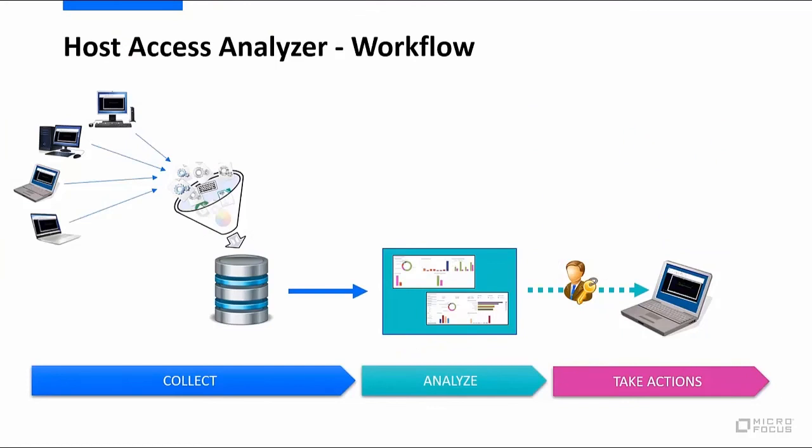Host Access Analyzer is meant to help in the three domains. So let's see a bit, before we go into the demo itself, how does it work? We collect information on the endpoint. This information is collected by an agent, and the agent is sending the configuration files to a server. On the server, we parse and analyze these files to produce reports.